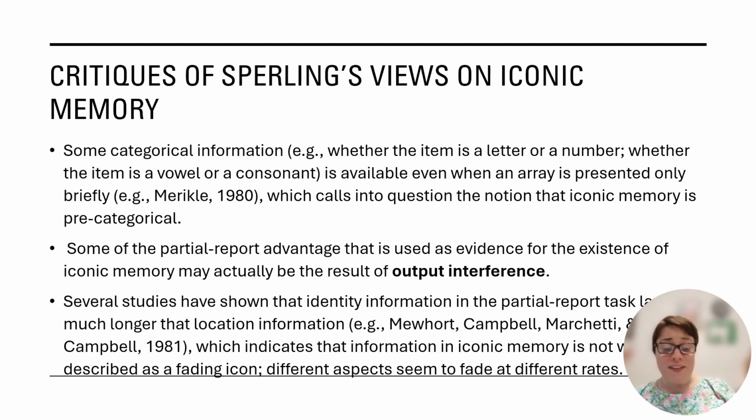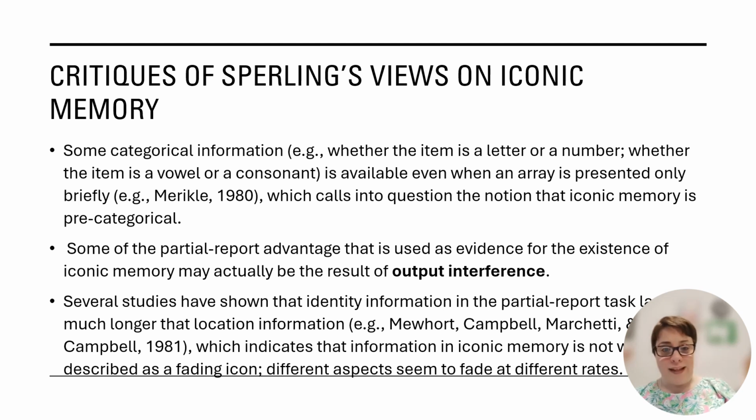So first, multiple experiments have demonstrated that some categorical information, such as whether the item is a letter or a number, or whether the item is a vowel or a consonant, is available even when an array is presented only briefly.